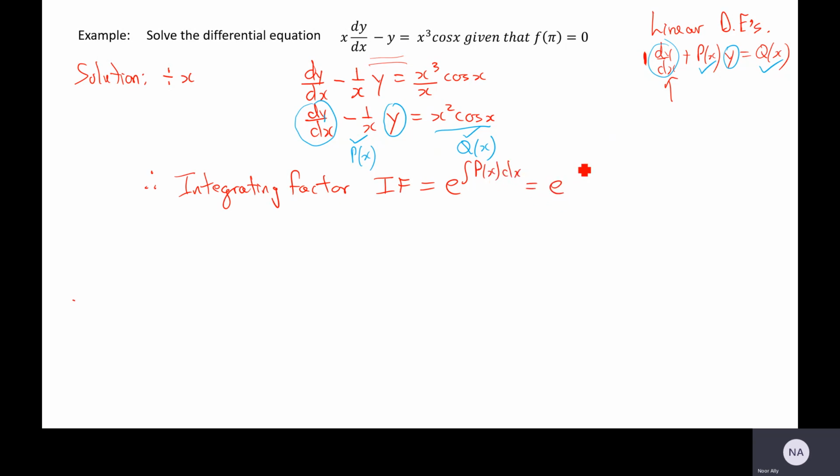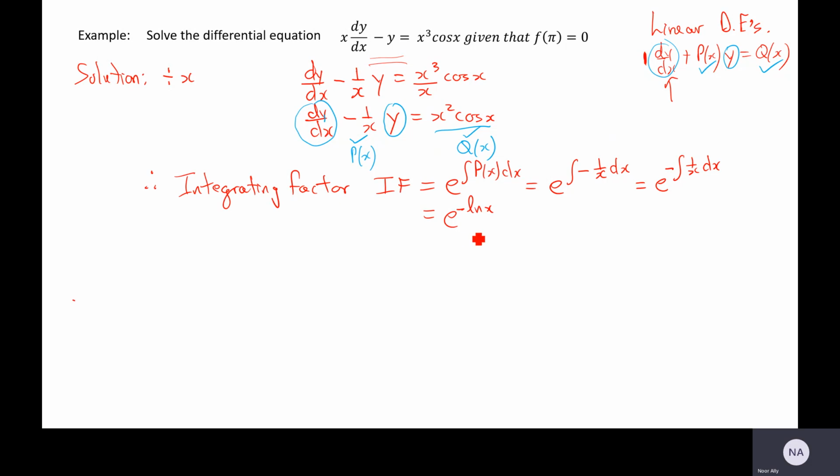Let's do that substitution immediately. Make sure you take the negative as well, which is e to the minus integral of 1 over x dx. And what is the integral of 1 over x? e to the minus ln of x plus c. Now, we won't put the c in there because we'll wait till the last step.